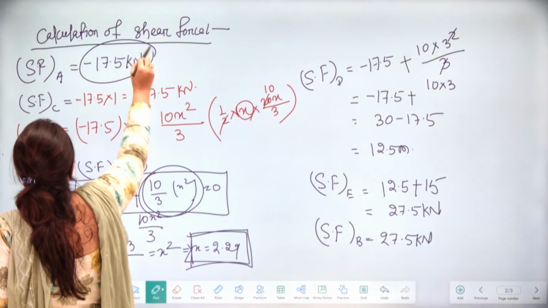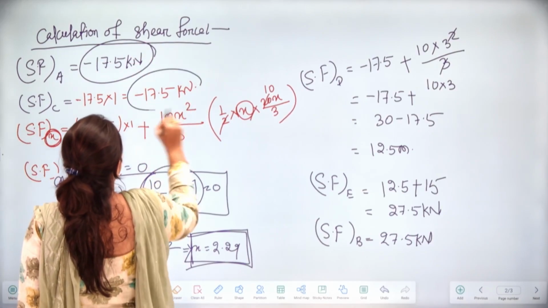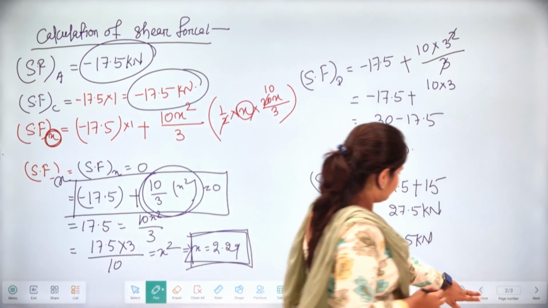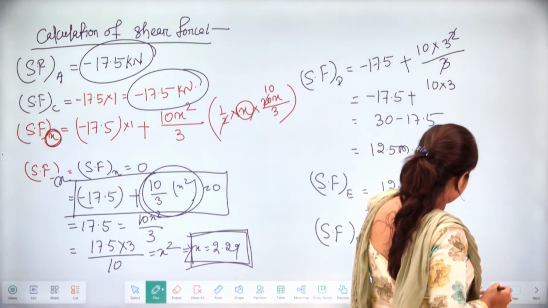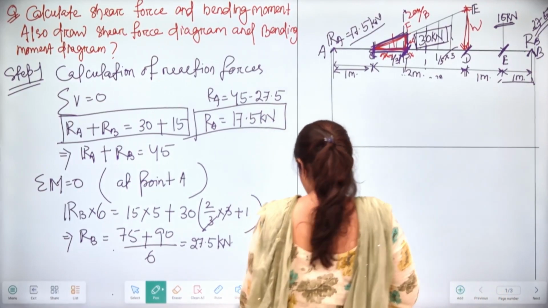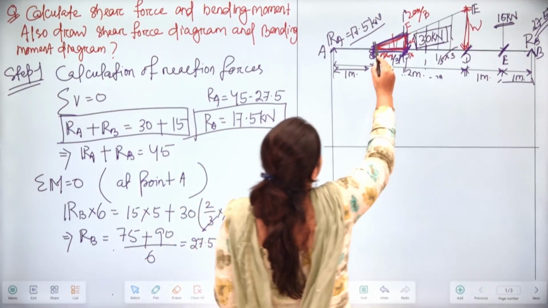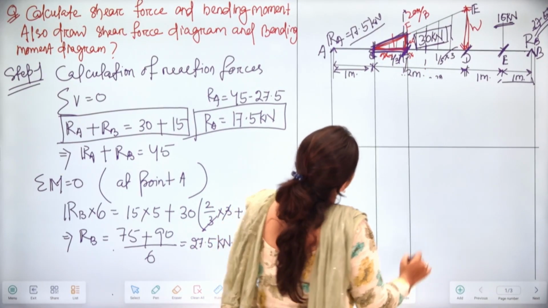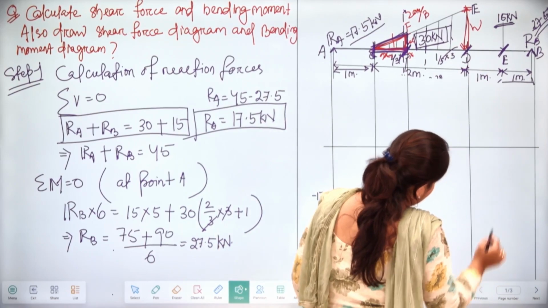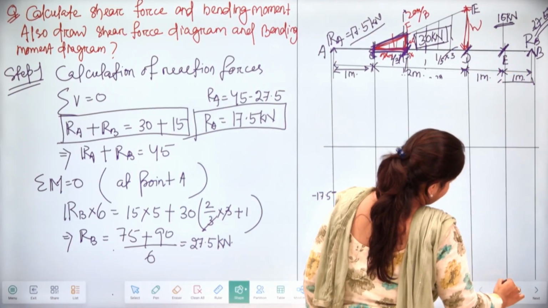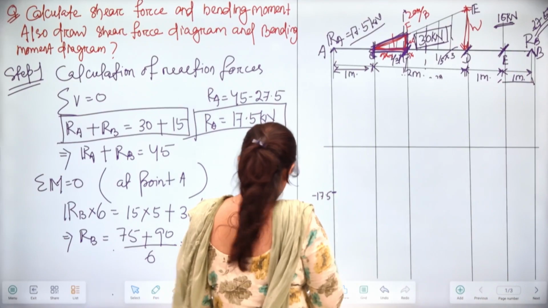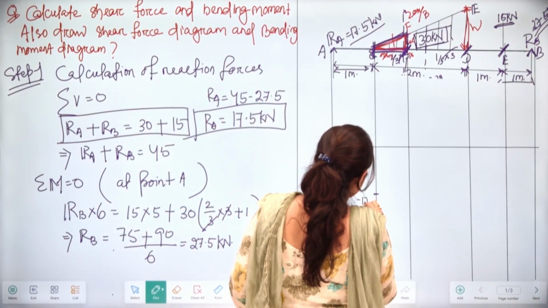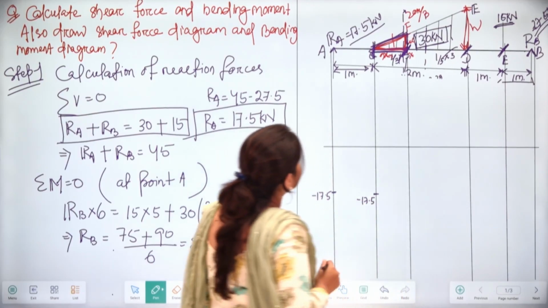And shear force at C will be the same, that is minus 17.5. We will show the shear force at every point. So here also we will have minus 17.5.